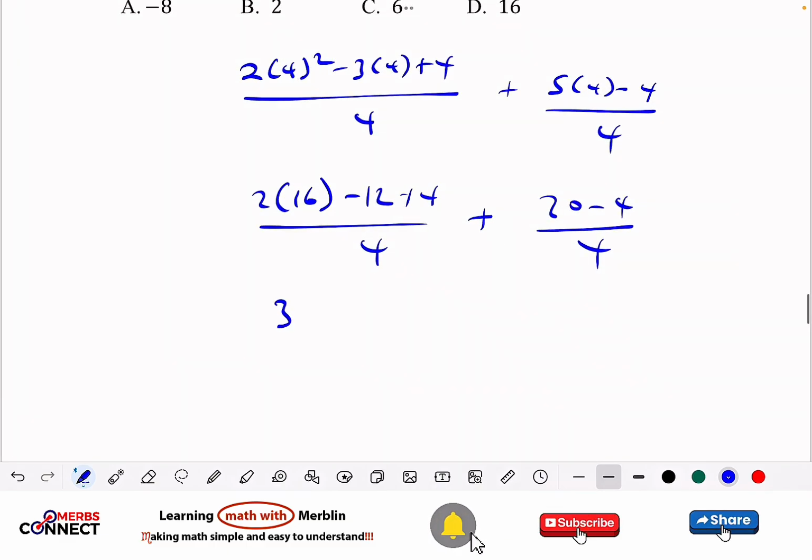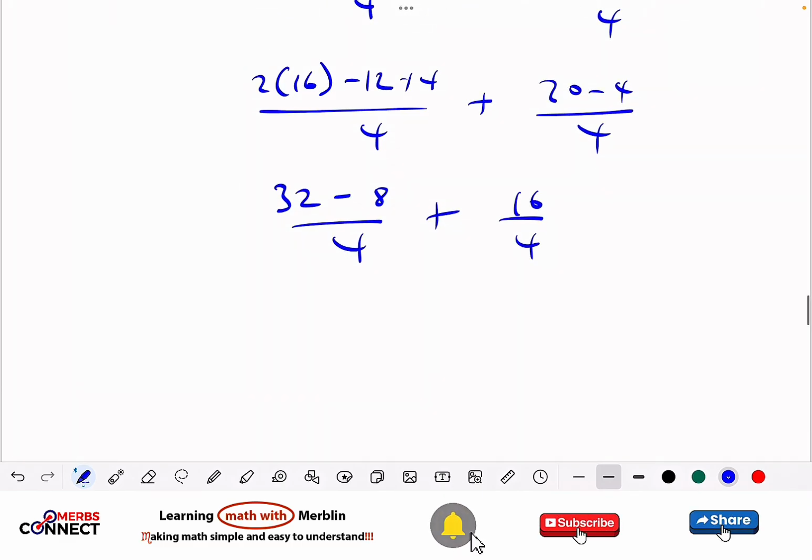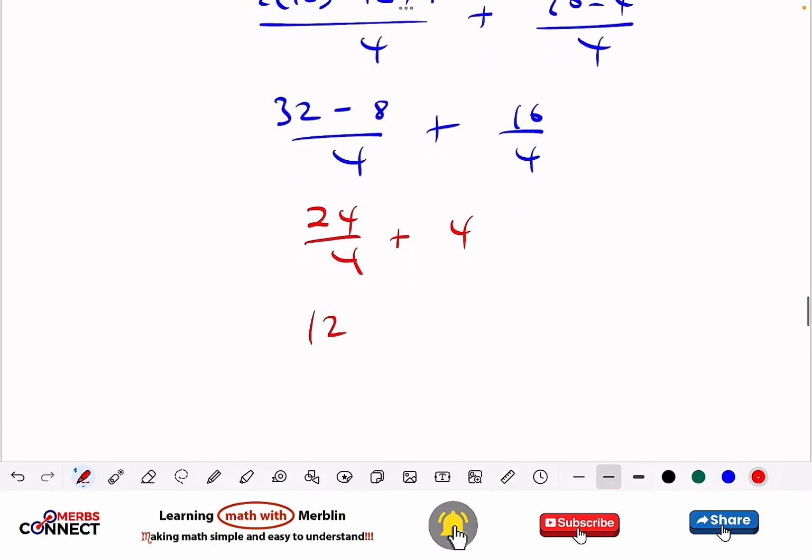Then this is 32 minus 8 divided by 4 plus, this is 16 divided by 4. And 32 minus 8 is going to give us 24 divided by 4 plus, this is 4. And this is going to be 12. Is it 12? No, this is supposed to be 8 plus 4, which is equal to 12.